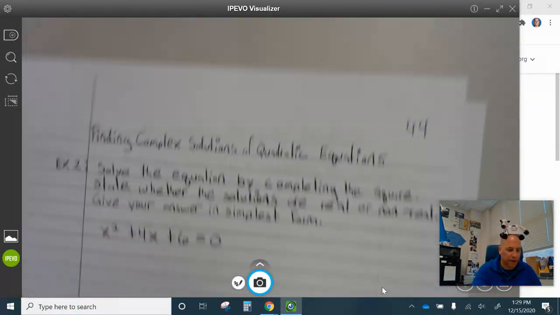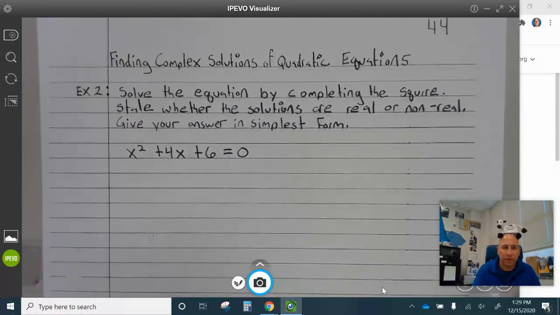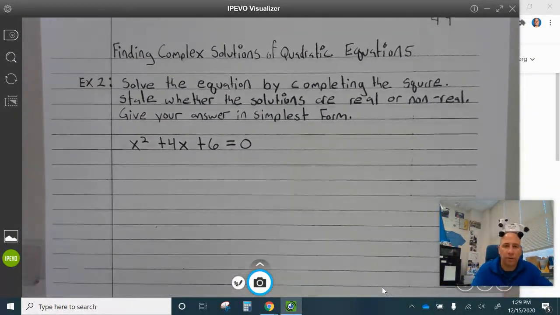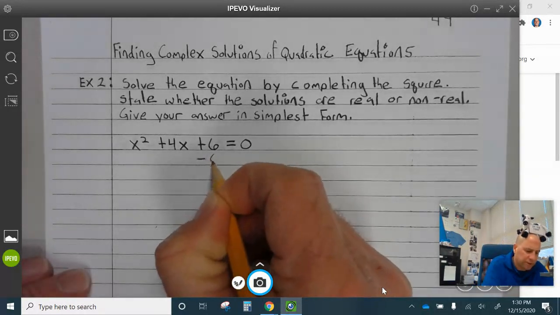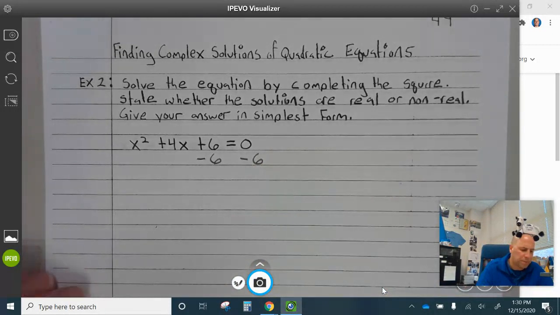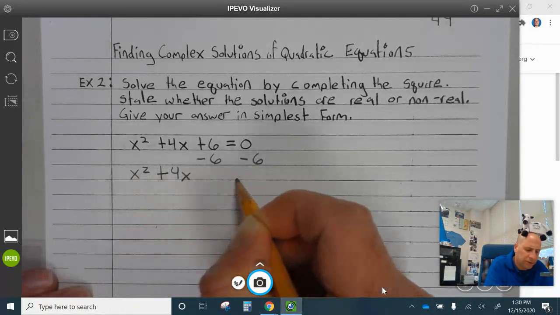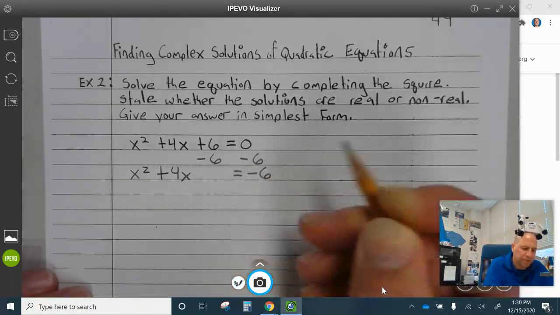All right, let's take a look at example 2. Solve the equation by completing the square. State whether the solutions are real or non-real. Give your answer in simplest form. Okay, so we're going to subtract 6 from both sides. So then that's x squared plus 4x equals negative 6.